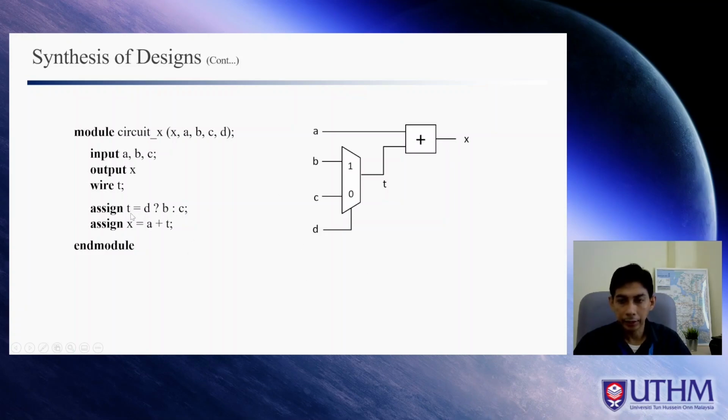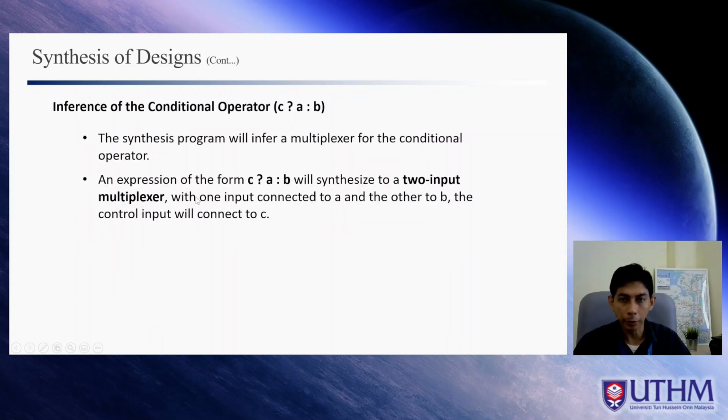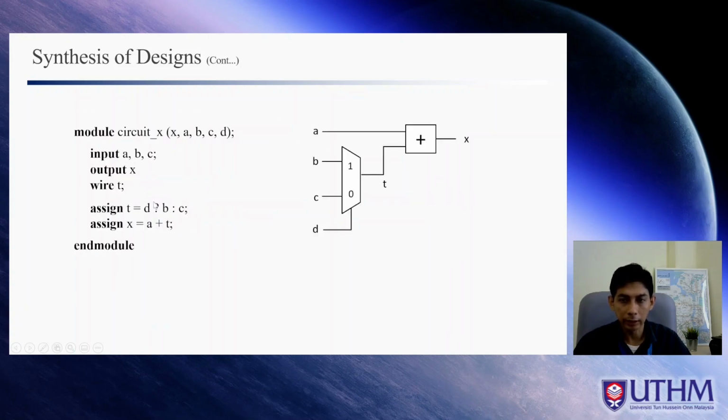So assign T, you use the data flow modeling, assign T equal D means this one, D, B, double dot C. So this is what we call the conditional operator, condition D question mark B, double dot C, semicolon.